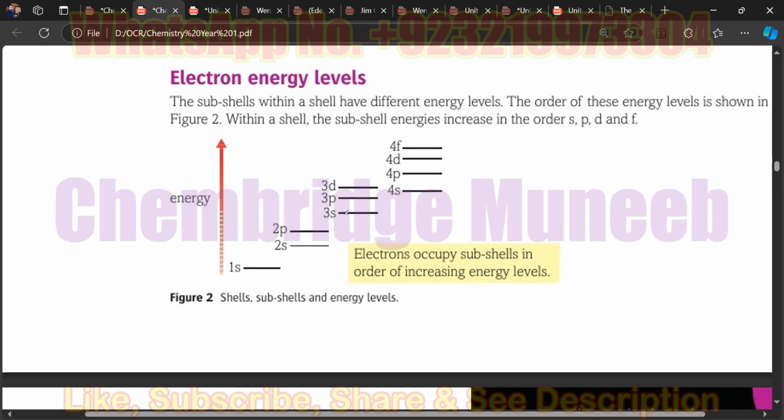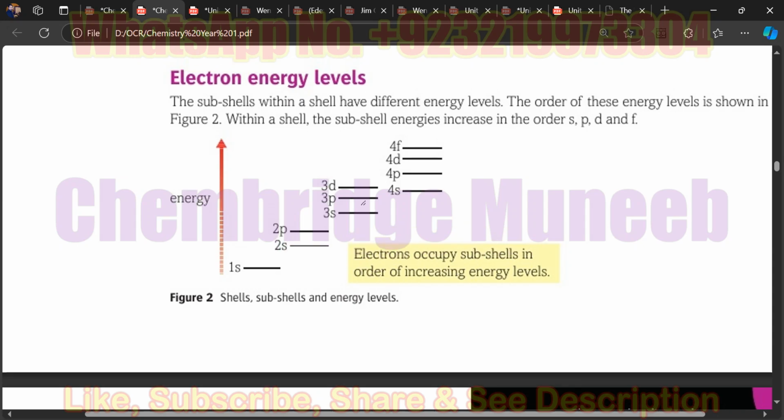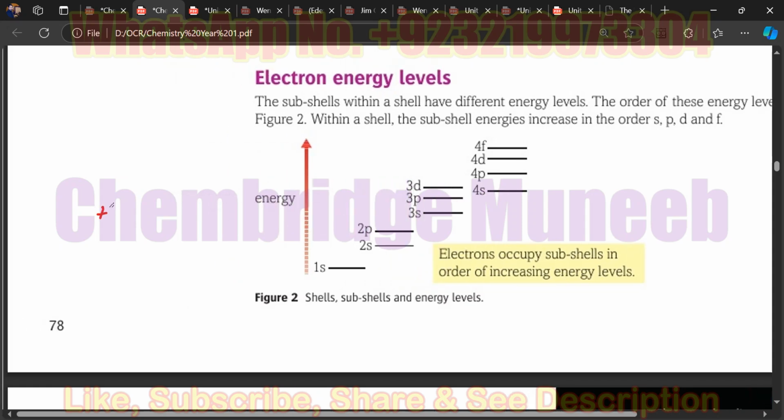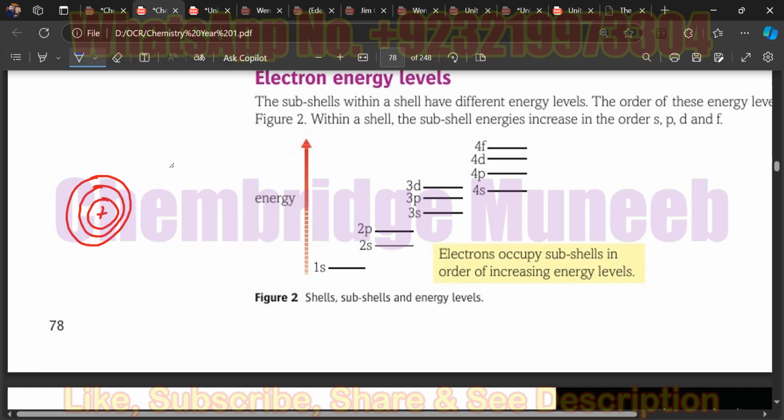Okay, now we have to place them according to the energy levels. The energies of all these shells and subshells combined are placed according to the energy levels. As I told you before, if I consider any hypothetical atom which has the nucleus at the center and shells around it, we call these shells the energy levels.